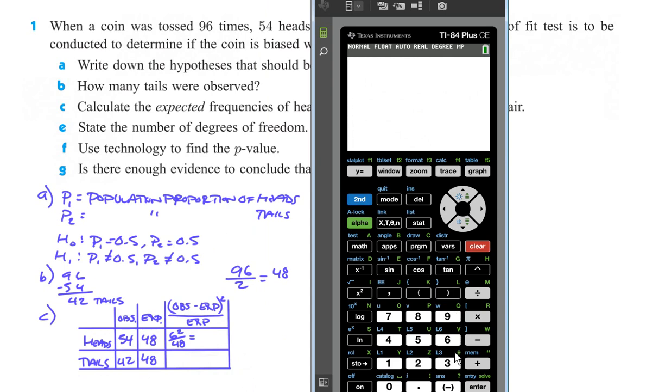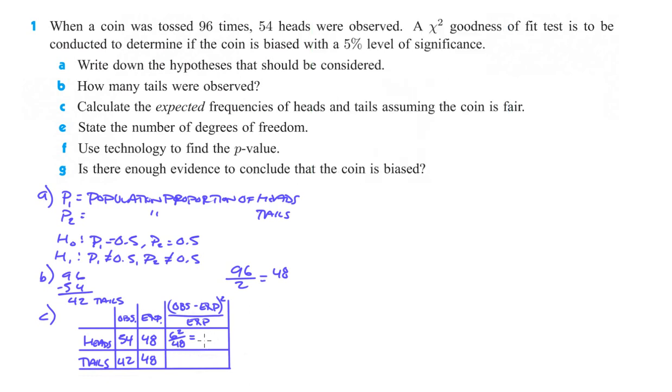So we're going to take 6 squared, which we know is 36, divide that by 48, and we get 0.75. And if we do this one here, 42 minus 48 is -6. When we square -6, divide that by 48, that's still 36 over 48, which is still 0.75.